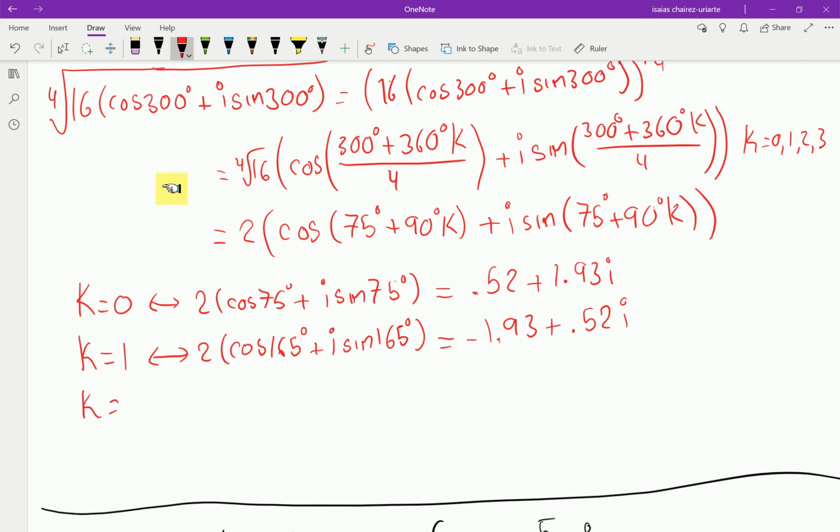Now, if k is equal to 2, I'm going to end up with 2 cosine of, that would be 180 plus 75. 180 plus 75 is 255.